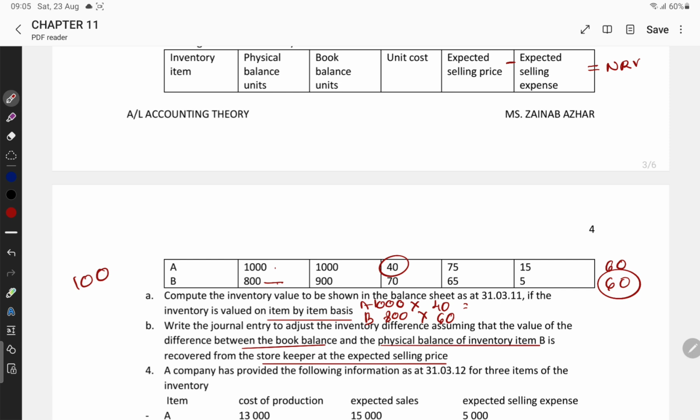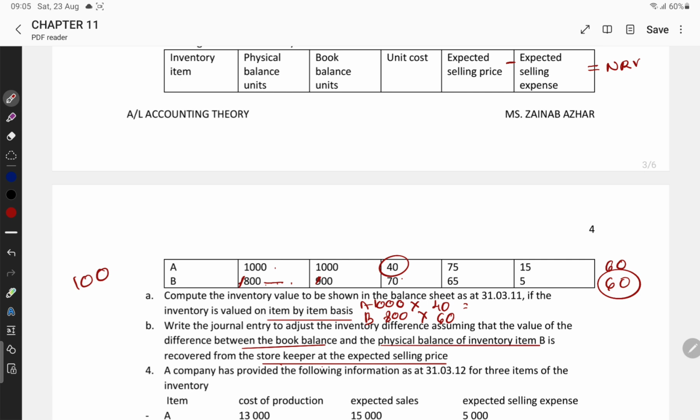Write the journal entry to adjust the inventory difference, assuming that the value of the inventory difference between the book balance and the physical balance of inventory of item B is recovered from the storekeeper at the expected selling price. So 100 units of inventory at the cost of 70 is missing. You go to the store, you have 800 units, but your book is showing you should have 900 units.